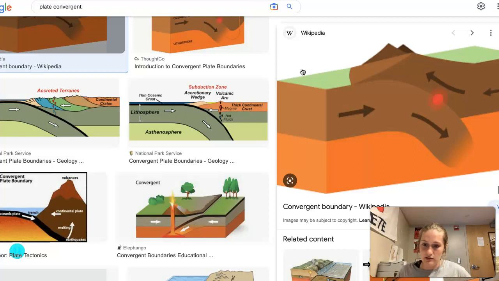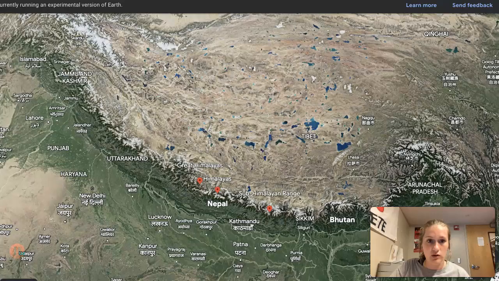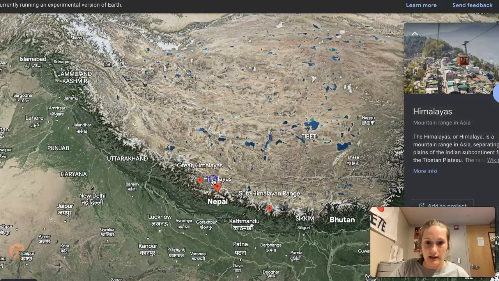And oceanic-continental is when one continental plate converges with an oceanic plate, and that's usually along the coast, where oceans, beaches, and mountain areas are, when those two landforms meet. So a well-known example of that is the Himalayan mountains.